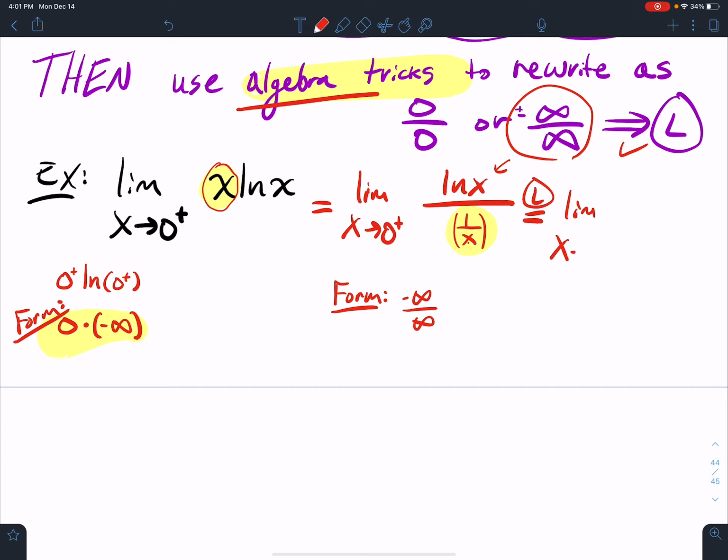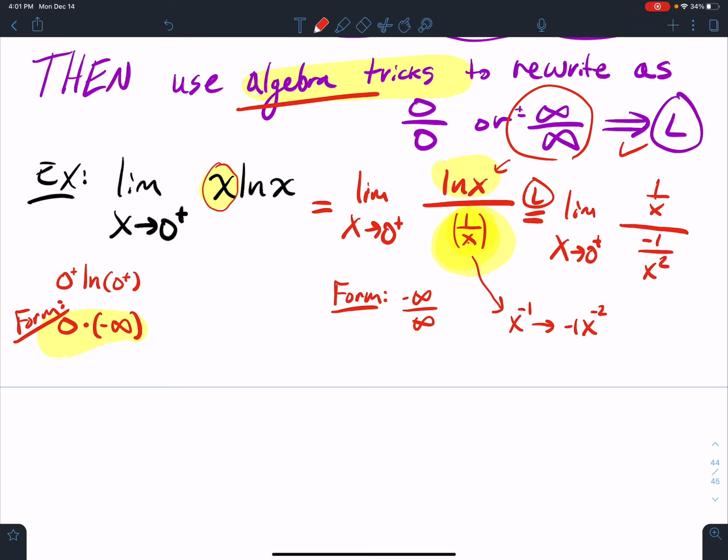Limit as x goes to 0 from the right. The derivative of ln x is 1 over x. The derivative of 1 over x, well, let's convert this to make it easier. That's x to the negative 1. The derivative is negative 1, x to the negative 2. Simplify, so that's negative 1 over x squared, right?